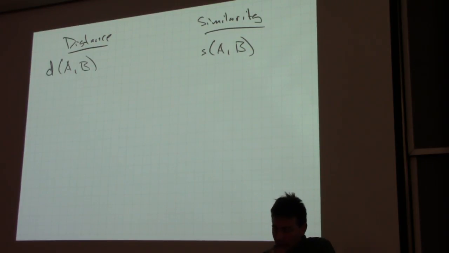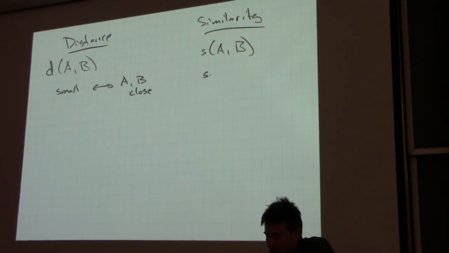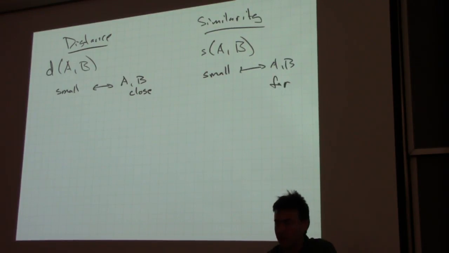Just to be clear, I often talk to lots of people who don't really think about the distinction between these. If the distance is small, then it means A and B are close, whereas if the similarity is small, it means that A and B are going to be far from each other.